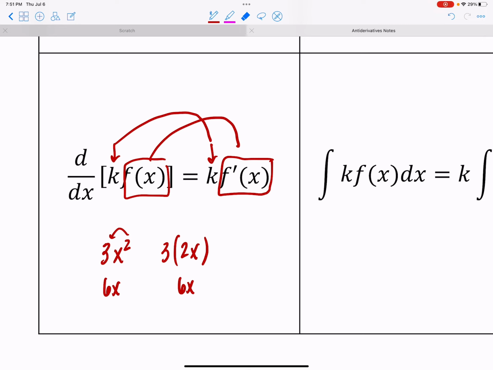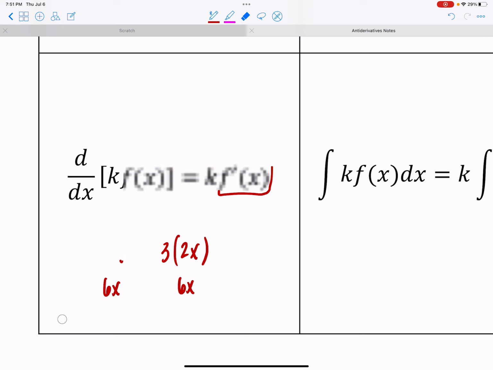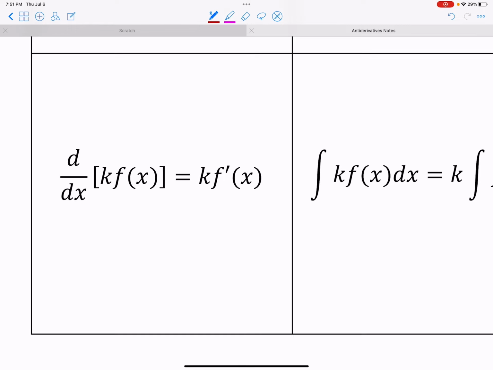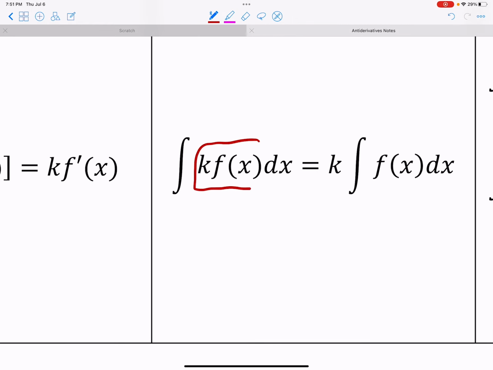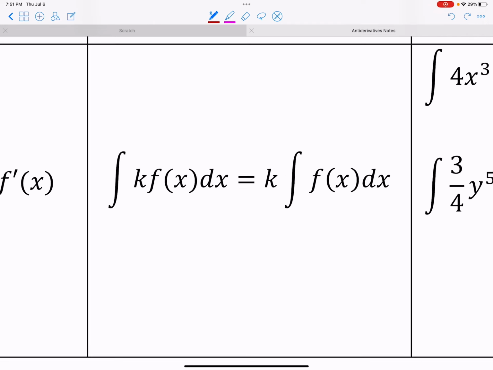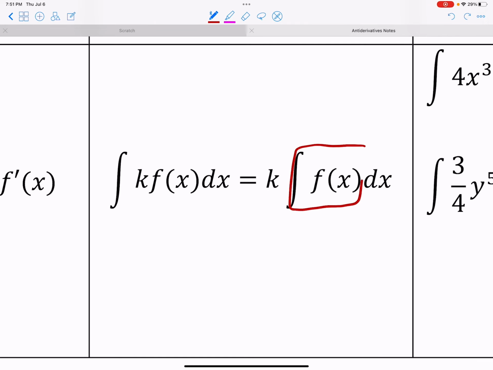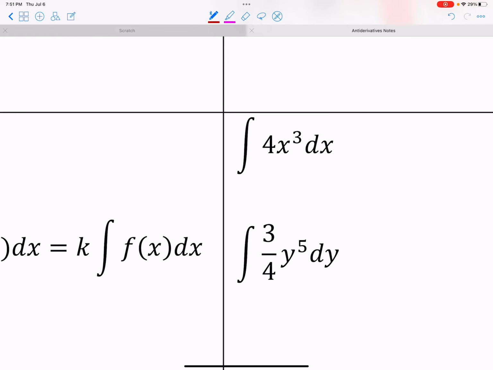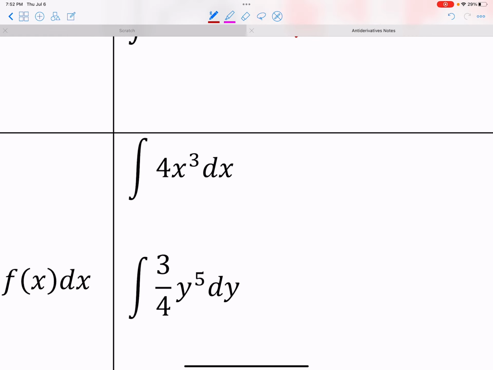The same is going to be true for integration. If we are integrating and we have a constant times a function, that's what this is saying here, then we can just integrate that function and then multiply by the constant. So for example, if I was integrating 4x cubed, that would be the same as 4 times the integral of x cubed.